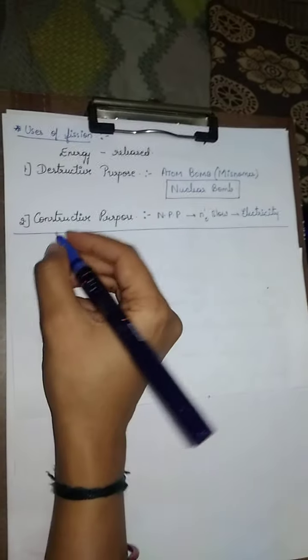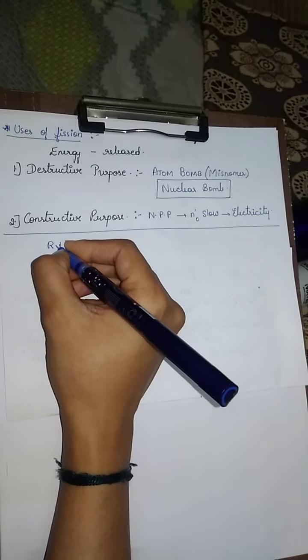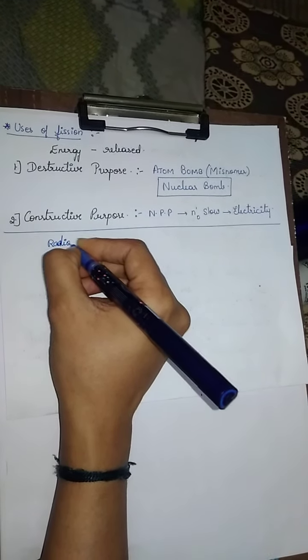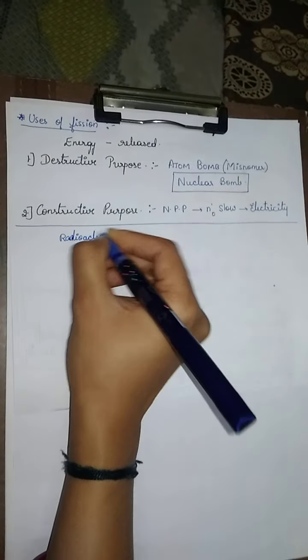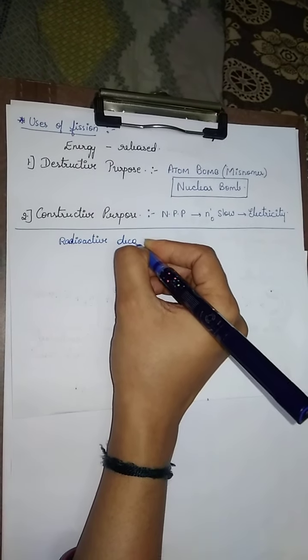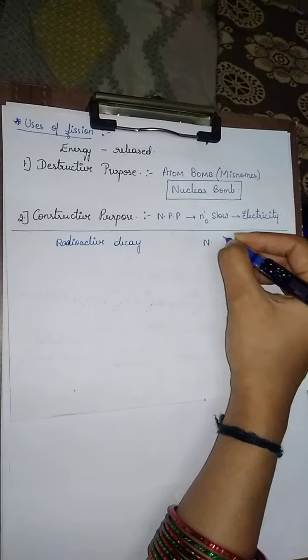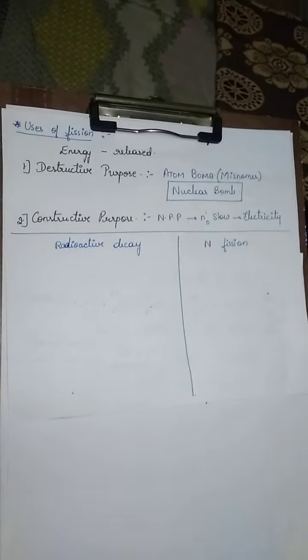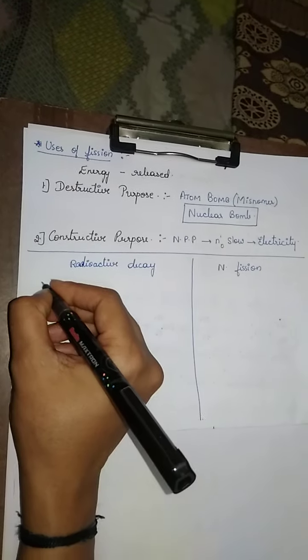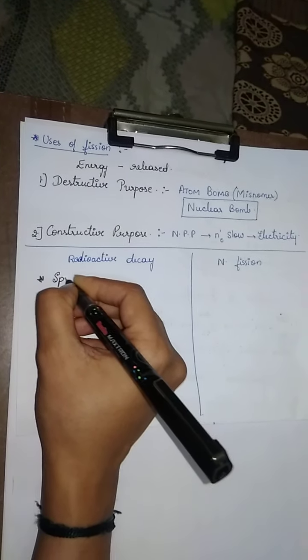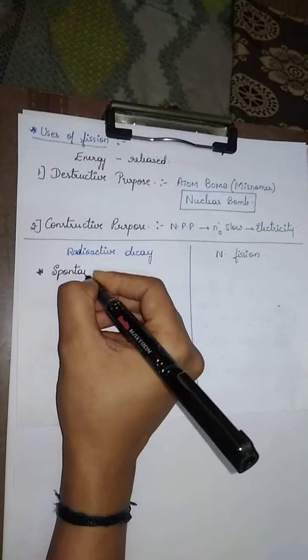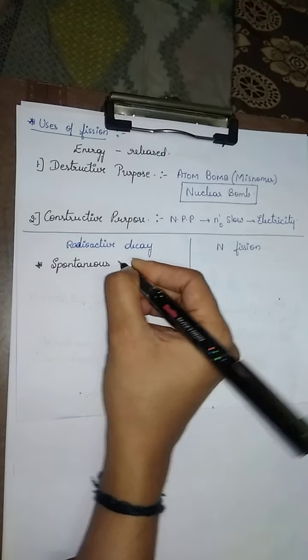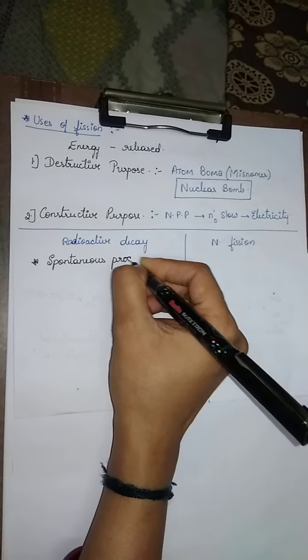Now next is radioactive decay. You already know what radioactive decay and nuclear fission are, but what is the difference between them? The first thing is that radioactive decay is a spontaneous process. It doesn't require anyone's help or any initiation.